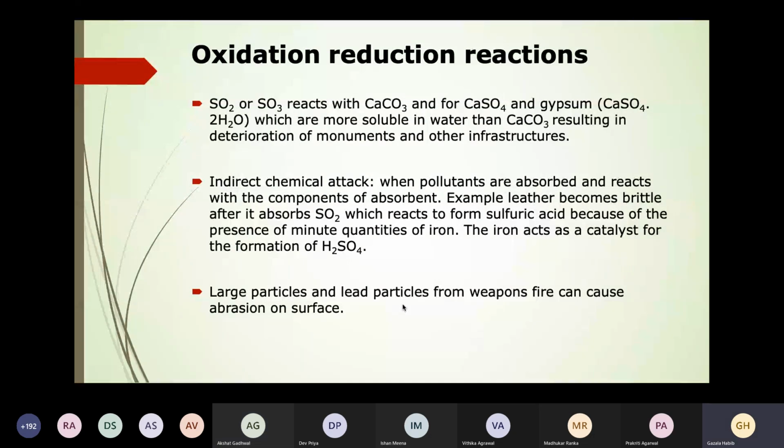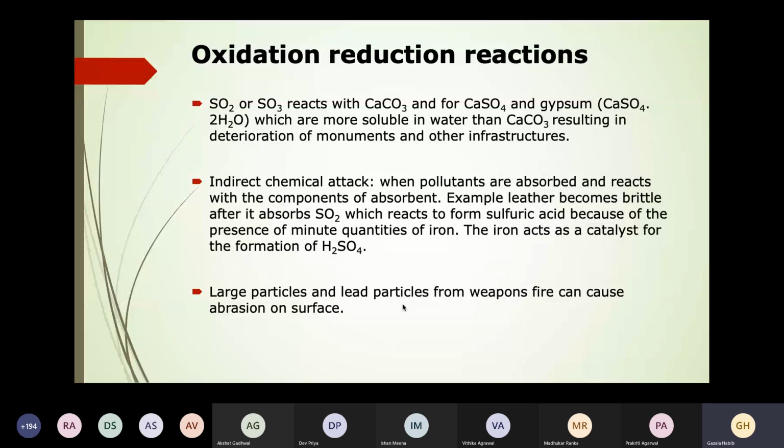Okay. So SO2 and SO3 react with calcium carbonate, calcium sulfate and gypsum. We know that these monuments are actually made of bricks, and the joints contain some kind of gypsum, or you can say lime, right? They are joined by lime in old monuments.